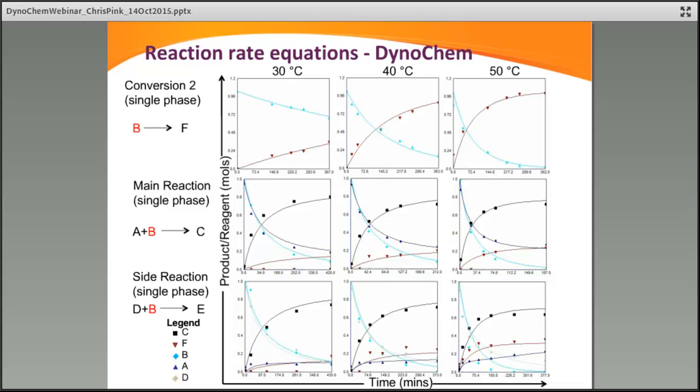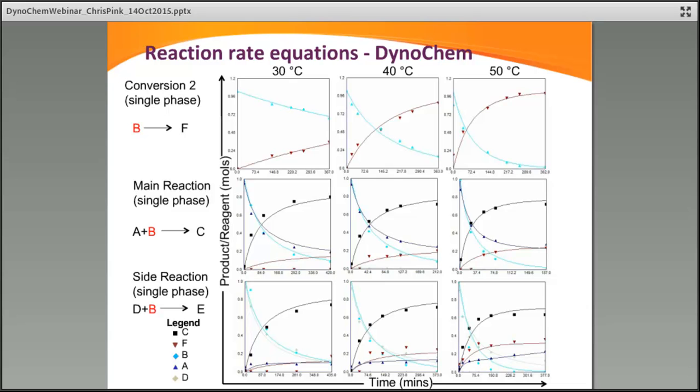What we did is we focused on the simple hydrolysis reaction first, which was the consumption of B to give F. We were able to get this time course data. The points you see are experimental data, and the lines we fitted in DynoChem.